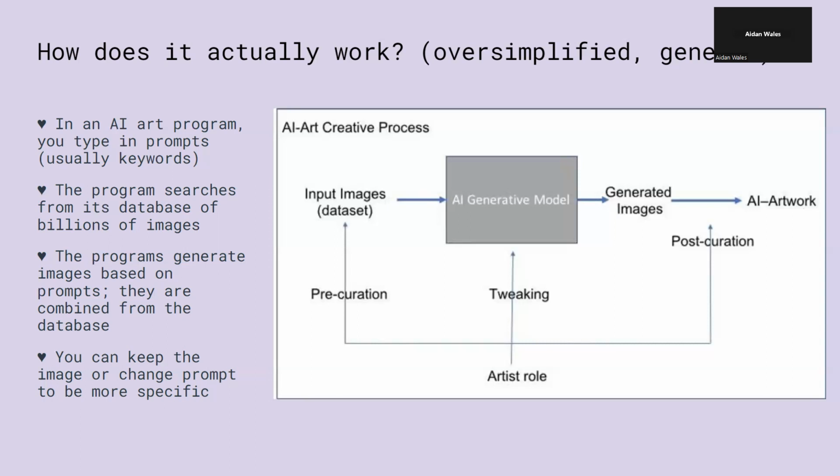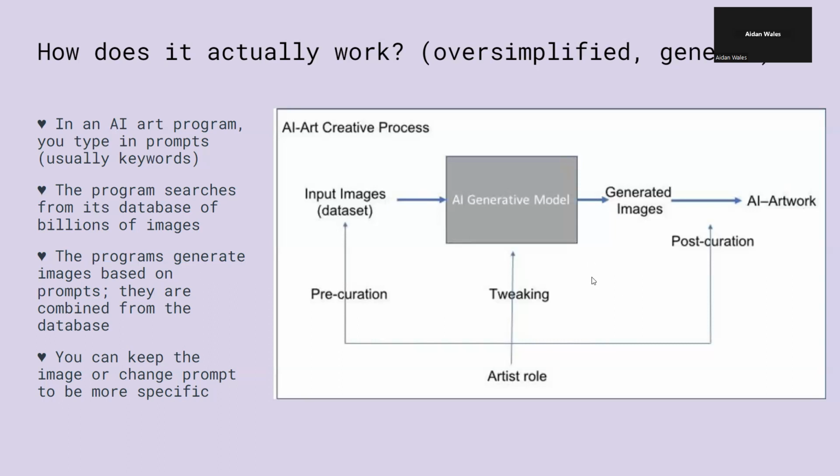But it's a very, very complicated process, and the AI generative model chooses what pixel goes where, and basically what creates the image. And then out comes the AI artwork that the person picks.